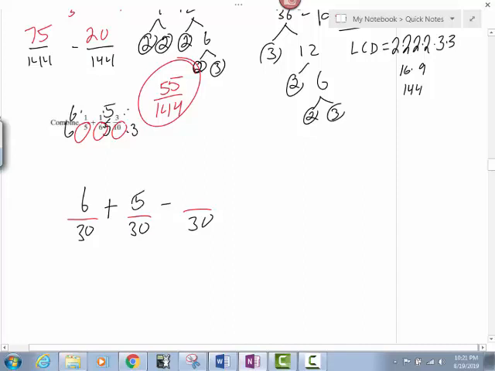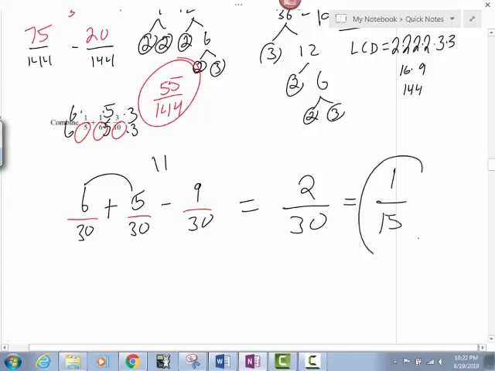Multiplying this one here by 3, so that one multiplies by 3. And again, 30 is my bottom number. 6 plus 5 is 11. 11 minus 9 is 2. We can reduce this fraction. We can divide them both by 2. And that gives us 1 over 15. And that's section 0.2.